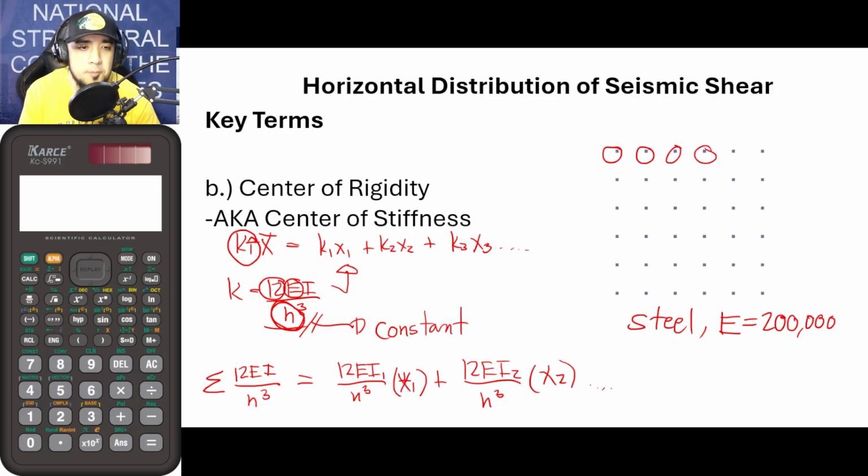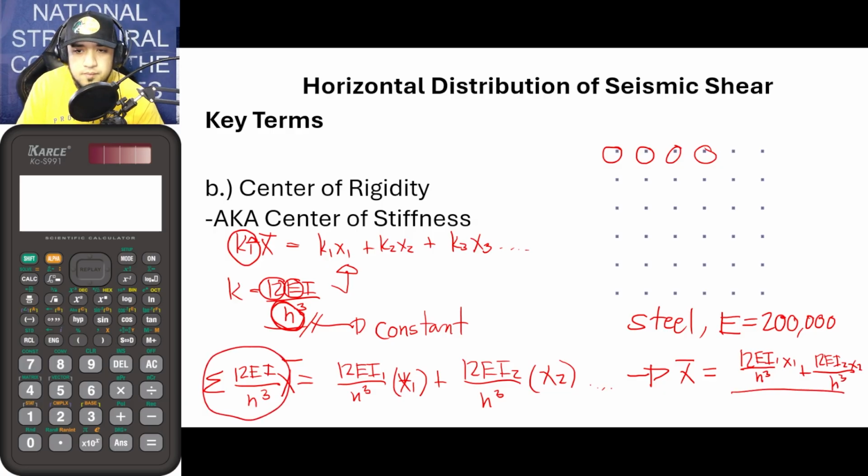And if we are solving for bar x, by the way, there should be a bar x here. So bar x is now equal to 12 EI1 x1 over H cube plus 12 EI2 x2 over H cube, all over the summation of 12 EI over H cube.